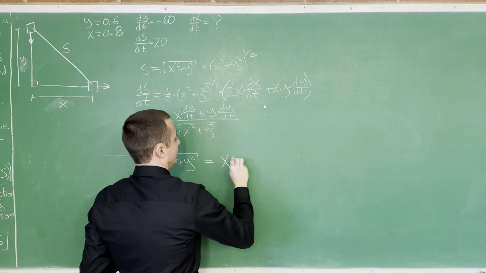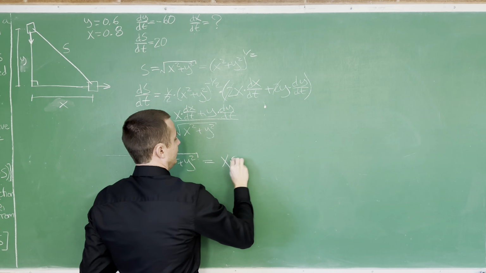So that's just going to be 1. The square root of 1 is just 1. So we get ds/dt minus y times dy/dt equal to x times dx/dt, but I'll just divide by x over here.